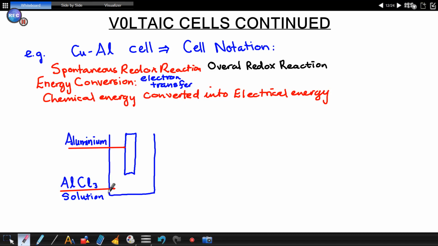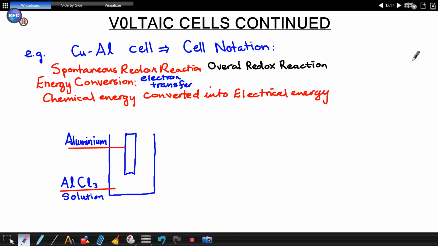Now you need to listen carefully because I haven't mentioned this in class before. Metals are things with delocalized electrons. They flow around amongst the atoms. And the moment you put a solid piece of aluminium into a solution that's got positive and negative ions in it, that moment there is a potential difference between the electrode and the solution.